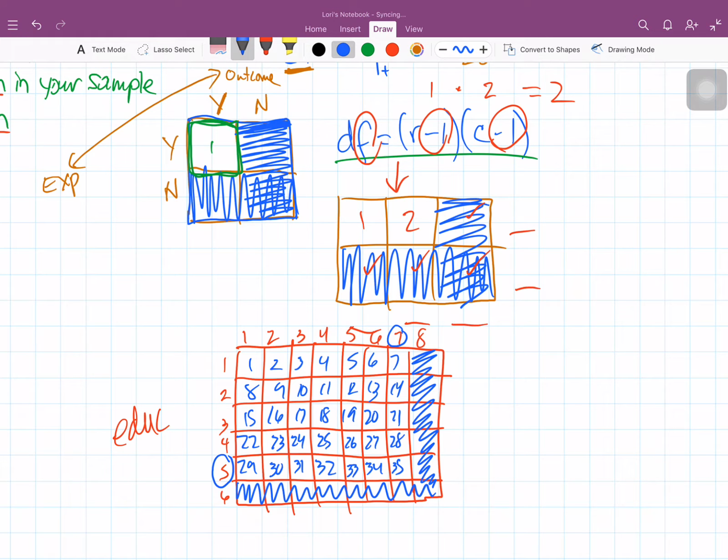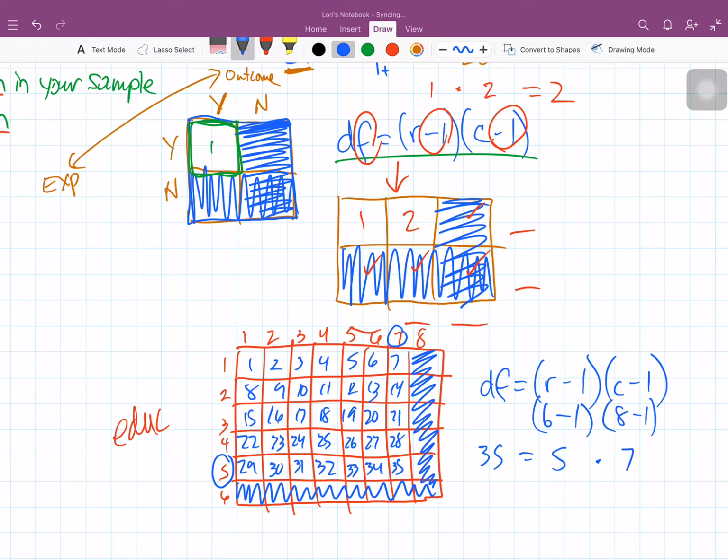The other way I could do this is I could say df is equal to rows minus 1 times columns minus 1. So rows is 6 minus 1 is 5, and columns is 8 minus 1 is 7, so 5 times 7 is equal to 35.